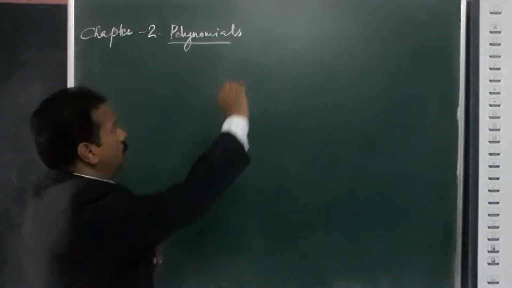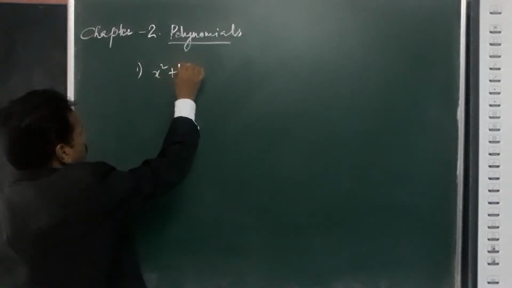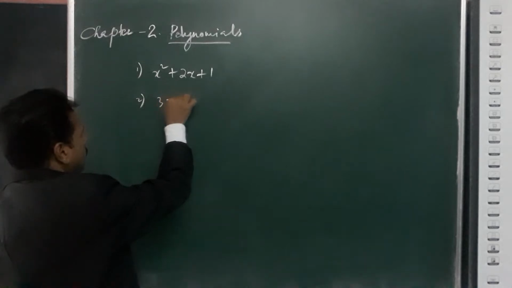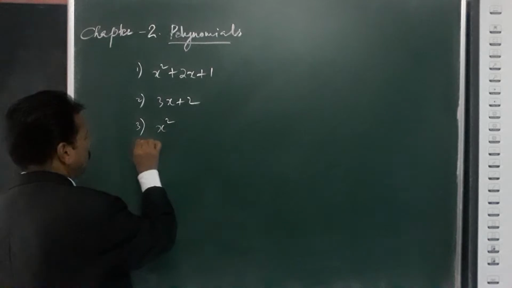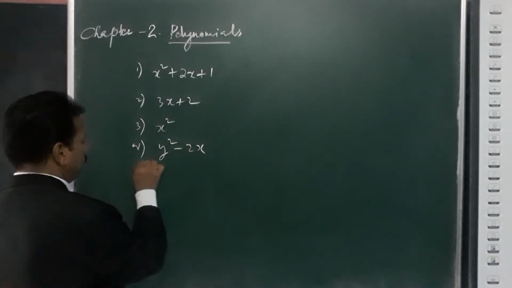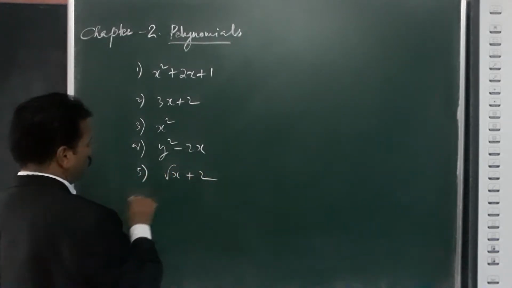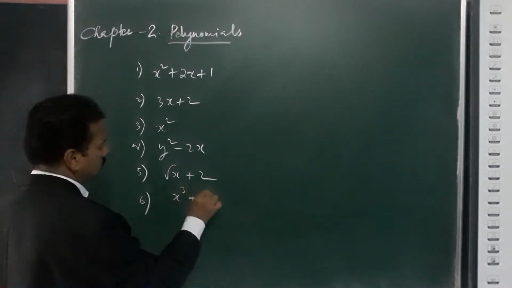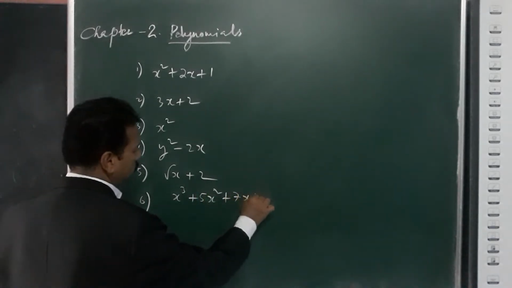And we can have some algebraic expressions: 1, x square plus 2x plus 1; 2, 3x plus 2; 3, x square; 4, y square minus 2y; 5, root x plus 2; 6, x cube plus 5x square plus 7x plus 1.